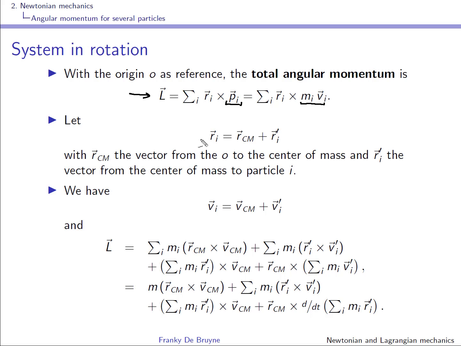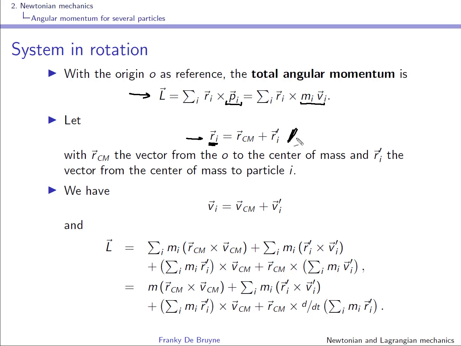So again, I will replace the vector Ri, which is the position vector of particle i, and I will write it as RCM, the position vector of the center of mass, and some vector Ri prime from the center of mass to particle i. This is what I've shown in one of the previous drawings, right?